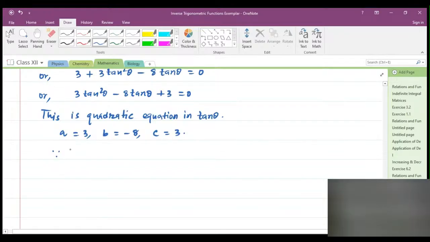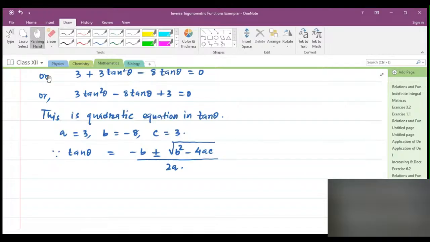Therefore tan theta equal to minus b plus minus root of b square minus 4ac over 2a. Now we put the value of a, b, c.